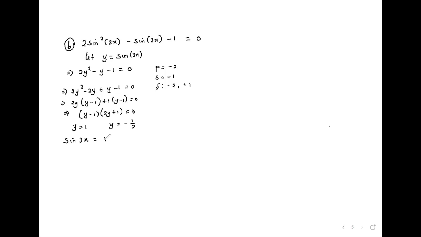So we have 3x equal to 90, so that we get x is equal to 30. The first solution. Again, 3x is equal to 90 plus 360. Then divide by 3. You just repeat what we did in the previous part. So this is 90 plus 360 divided by 3, so that will be 150.